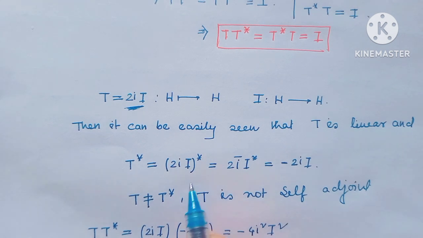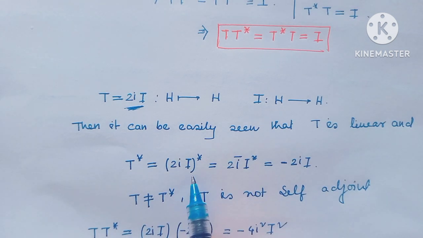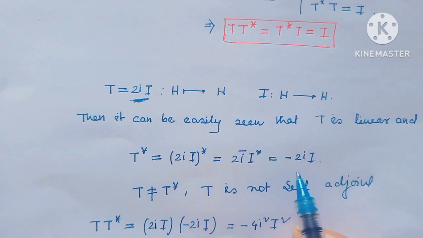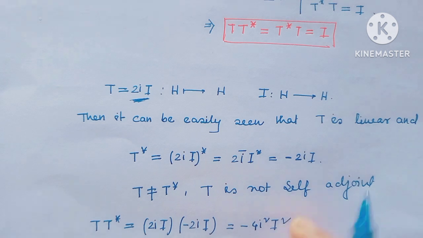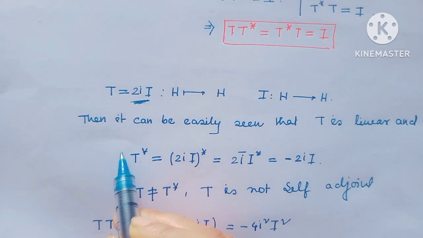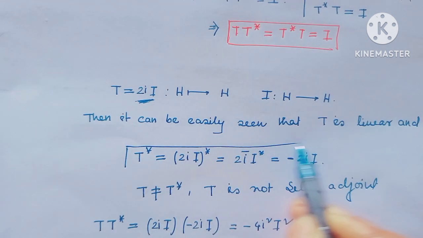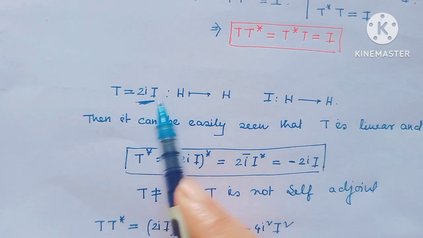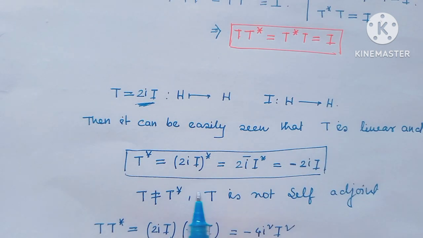And T star equals 2i identity star, that means T star equals 2i bar identity bar. That means this is equal to minus 2i identity. Notice here T star equals minus 2i identity and T equals 2i identity.